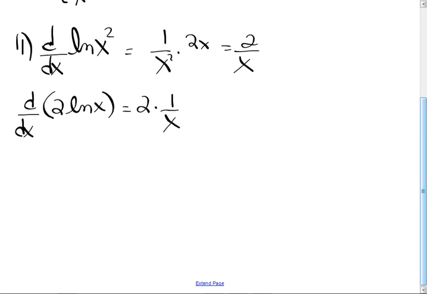Well, 13 is kind of hard. It's probably going to be the hardest one on here, actually. So we might as well just do it. And the problem with this is you don't know what the derivative of absolute value is. And you don't need to. I got to give you that derivative.